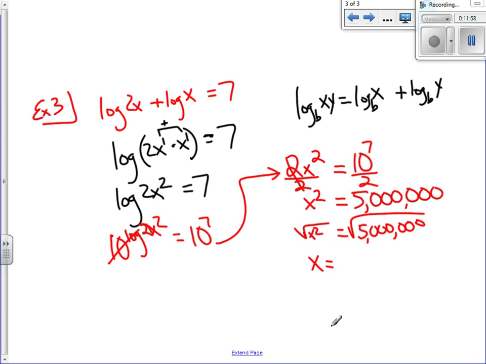And when I take the square root of 5 million, doing it on the calculator here, I get 2,236. In Math Excel, they're going to ask us to round to the nearest whole number.